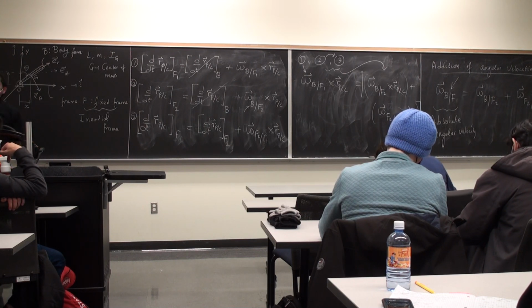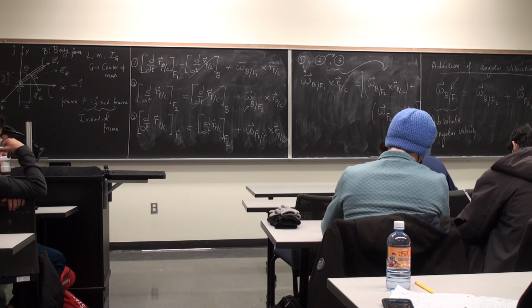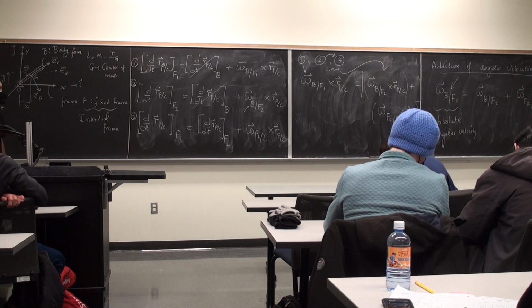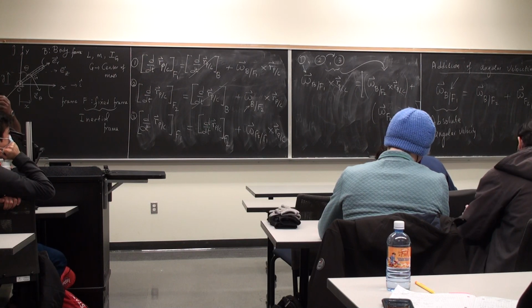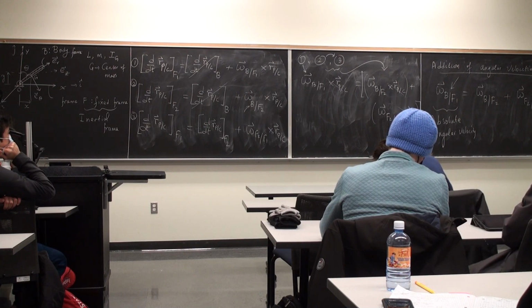Yes. So from the addition equation, it looks like, is there some form of conservation, I don't know how to phrase this, but it seems like your absolute angular velocity is always going to be conserved through every single frame. I don't know if that makes any sense, but.